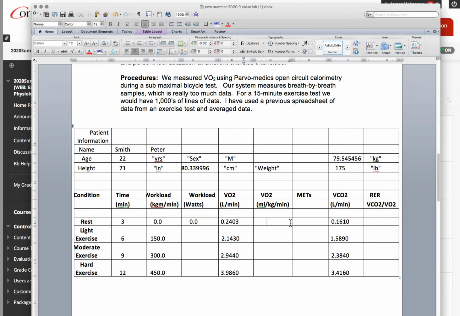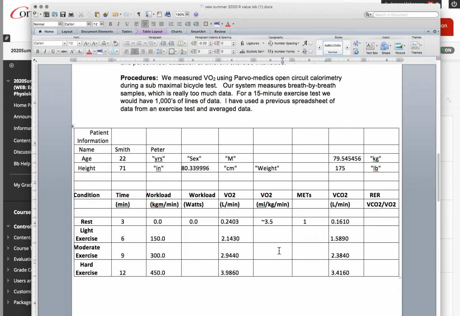3.5. So a resting VO2 in relative terms, in mils per kg per minute, should be about 3.5. And 3.5 is equal to 1 MET. So MET stands for metabolic equivalent.